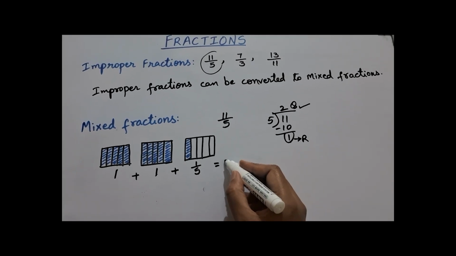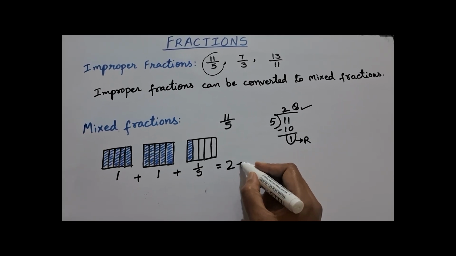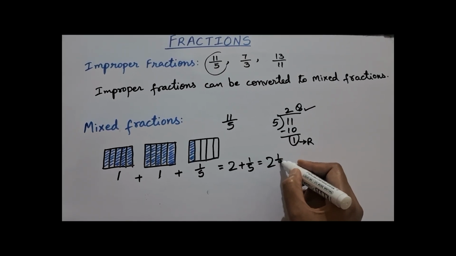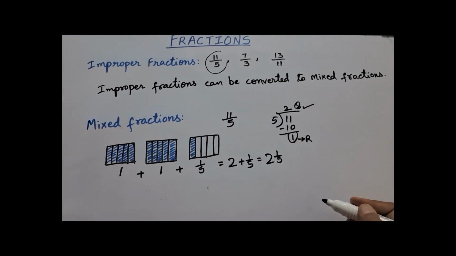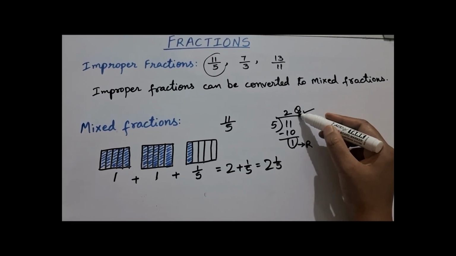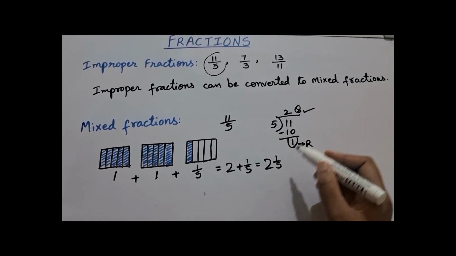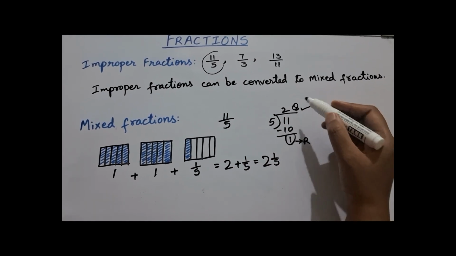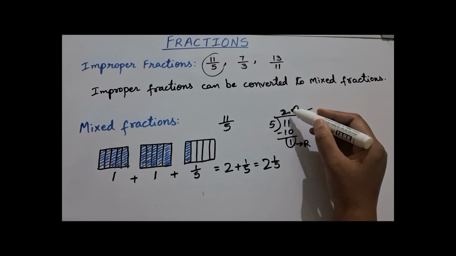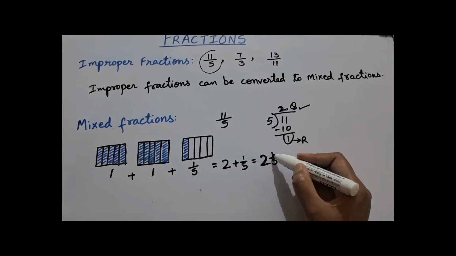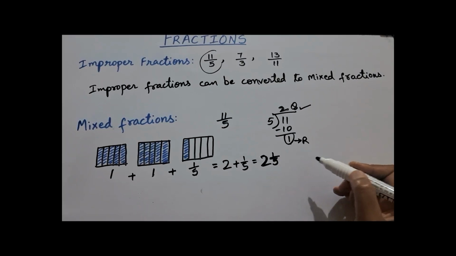That means 2 plus 1 by 5, which is equal to 2 1 by 5. Okay children. So here this division means this thing only. That means when 11 is divided by 5, then 2 whole parts and 1 is the remainder, 1 by 5.